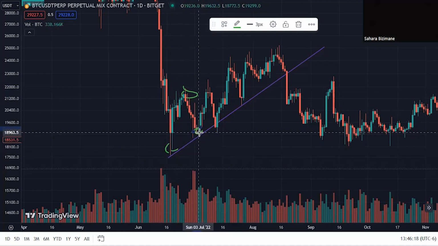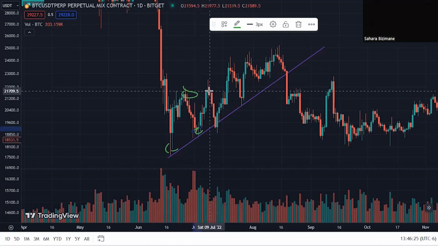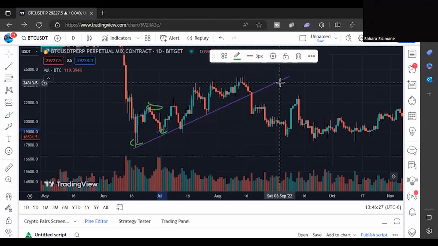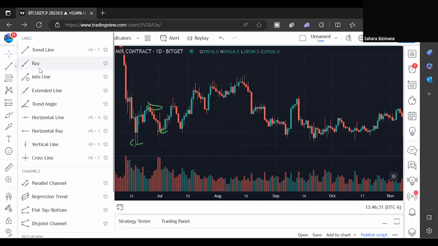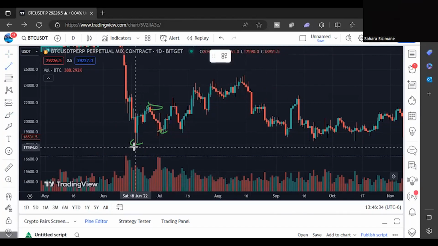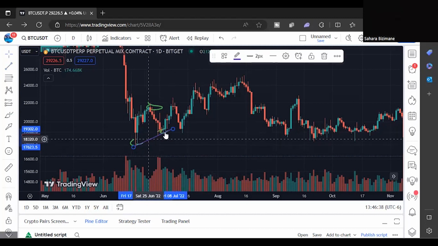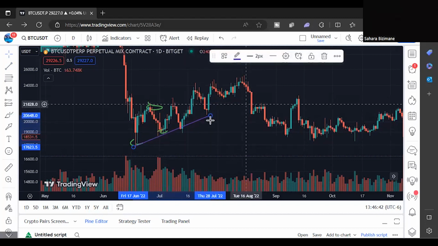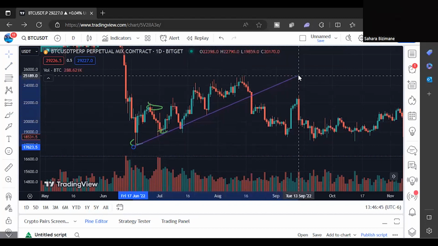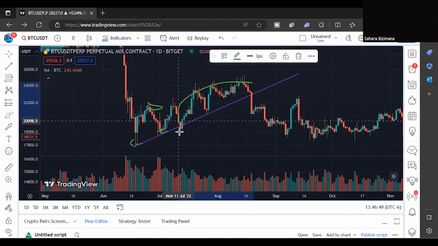So since this low is higher than the previous low, what I do as a trader is grab my trend line and connect these two lows together. I connect this low and this low, and then I extend the line.